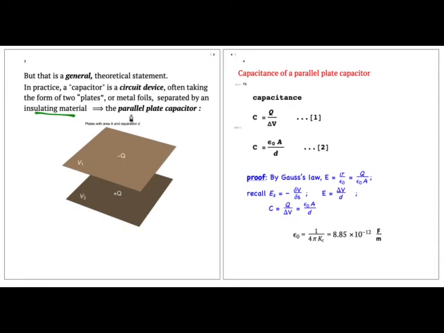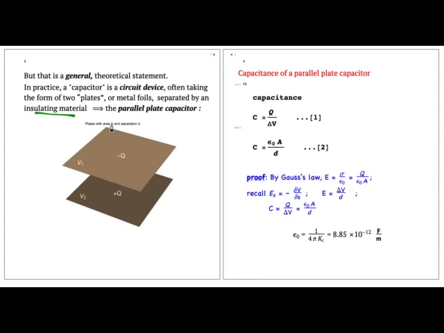Now this is called a parallel plate capacitor. Two parallel conducting metallic foils separated so that they're not in any electrical contact. There'll be some geometrical parameters.